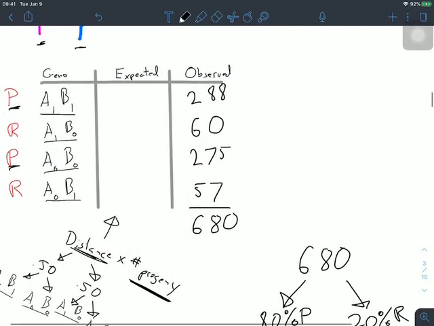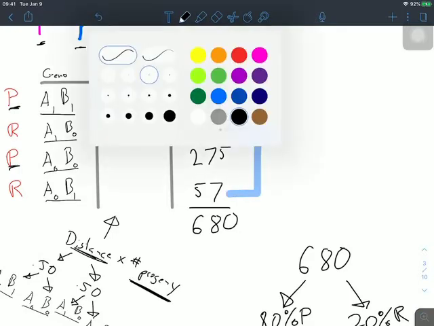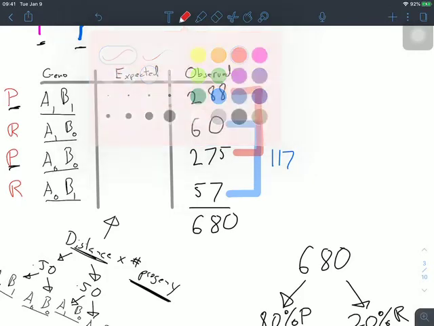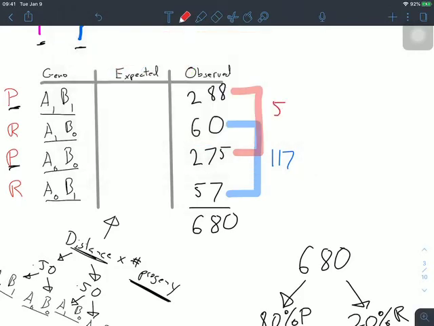Keep in mind, you are given these 4 values, but we can identify the 2 recombinants. 57 plus 60 gives us a grand total of 117 recombinants. And on our parental side, 288 plus 275 gives us 563 of our parental type.